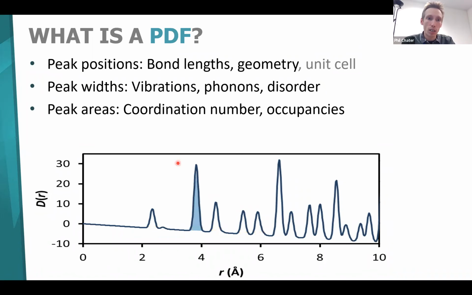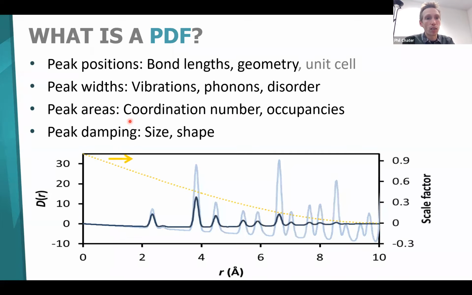The peak areas give us our coordination numbers or occupancies. And I should say for X-ray PDF, this also correlates with the number of electrons for each of the atoms in the pair giving rise to that bond. So if you have very high Z atoms, then the bonds from those atoms will be much larger than ones from lower Z atoms.